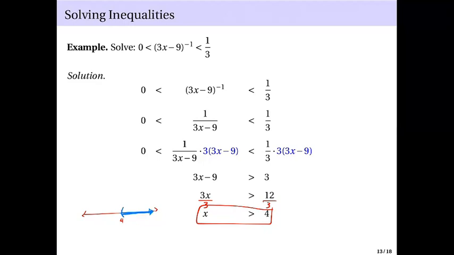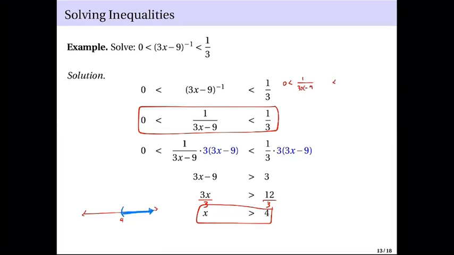Now, let us look at this step. As I have said, you could have multiplied everything by 3x minus 9 only. Okay? So from this step, we just multiply everything by 3x minus 9. So 0 less than 1 over 3x minus 9.